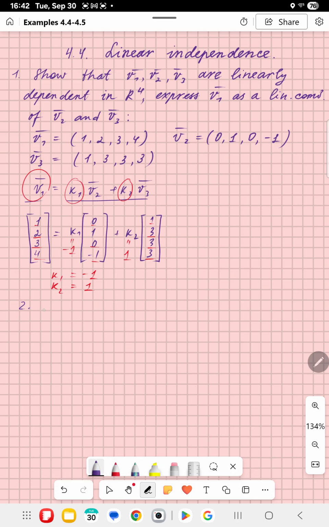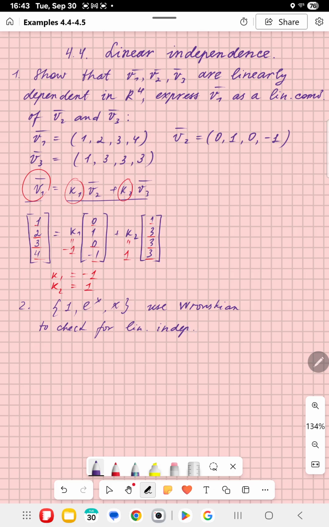Problem 2. Somebody is giving us a set of 3 functions: 1, e to the power of x, and x. And is asking us to use the Wronskian to check for linear independence.